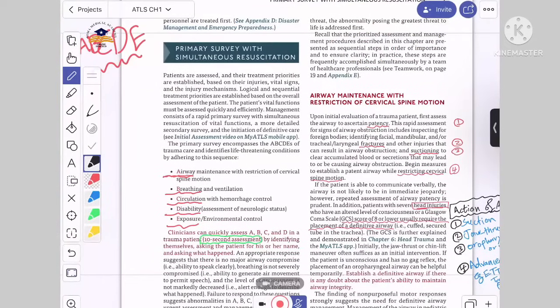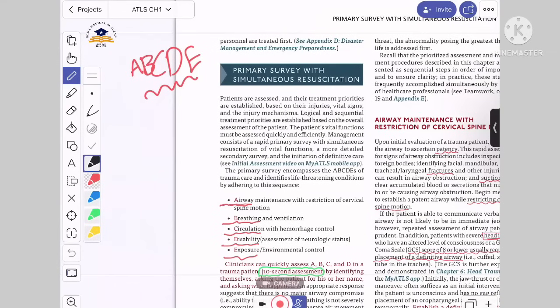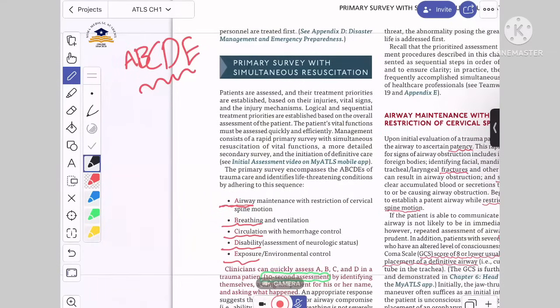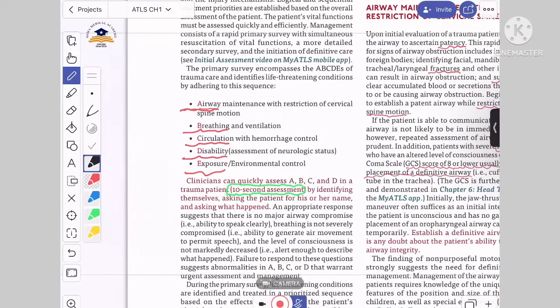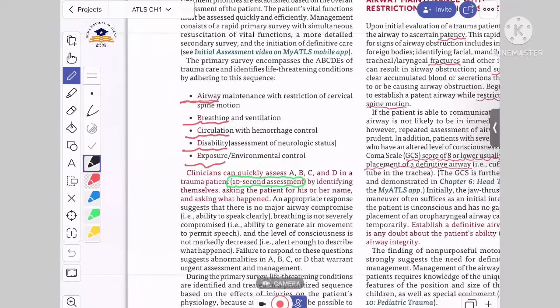Now we will speak about the primary survey in simultaneous resuscitation. Look, primary survey is A, B, C, D, E, which all of you know. This is very important to be understood. A is for airway, B for breathing, C for circulation and hemorrhage control, D, disability management, or let me say assessment of neurological status, and E for exposure.